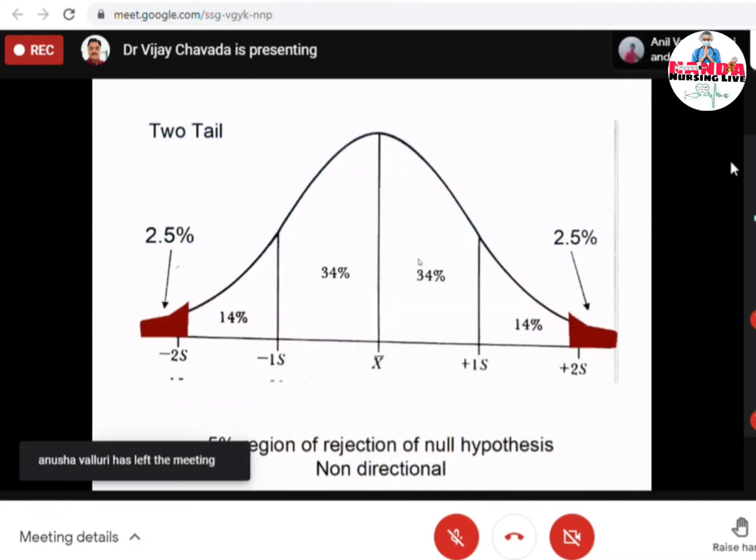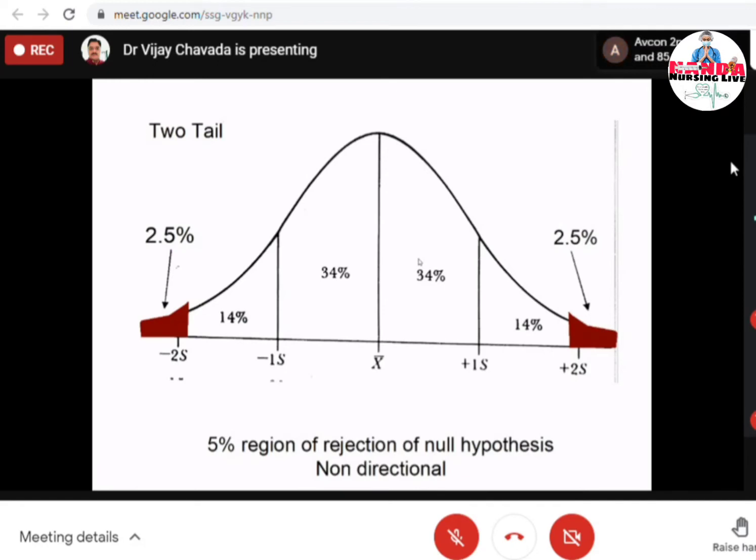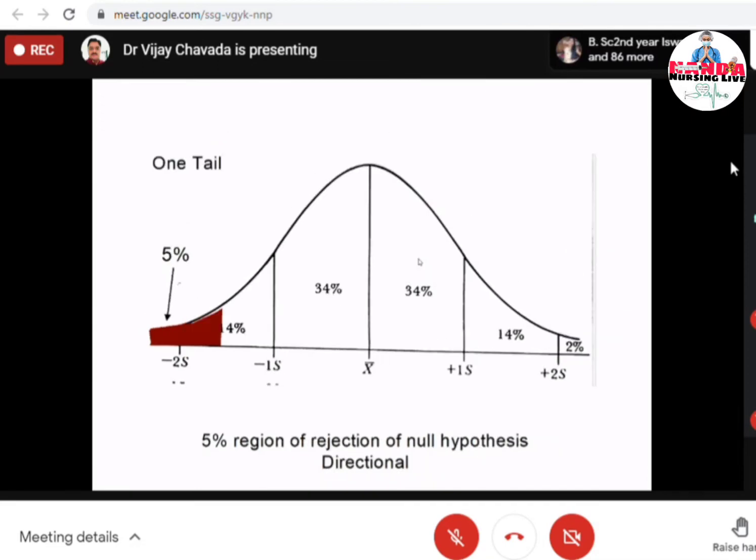Now the 5% region of rejection of the null hypothesis is non-directional, meaning on either side, 2.5% on the right and 2.5% on the left of the mean value. Whereas the 5% region of rejection in this case is unidirectional, meaning in one way.